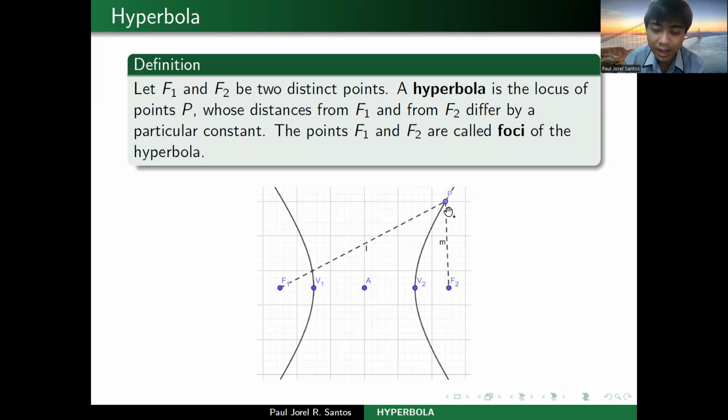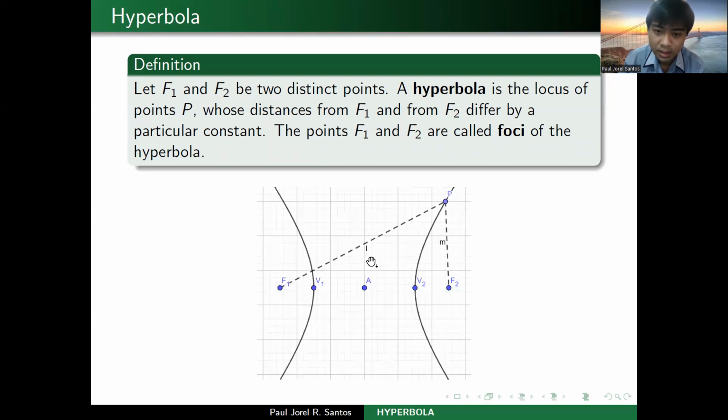Now, if I have here another point P in the middle between the vertex V sub 1 and V sub 2, its distance from F sub 1 minus its distance from F sub 2 again differs by a particular constant.